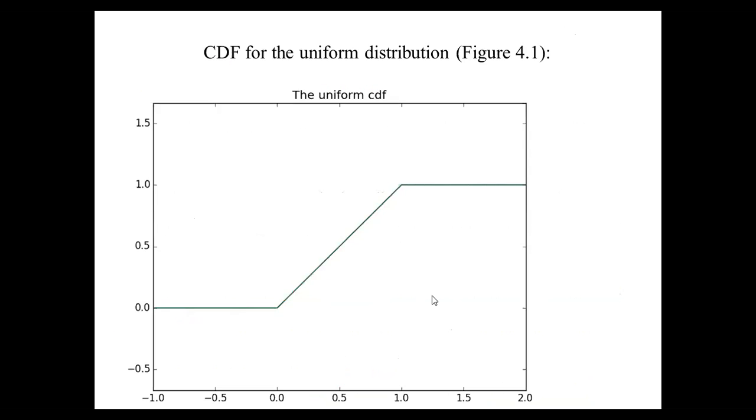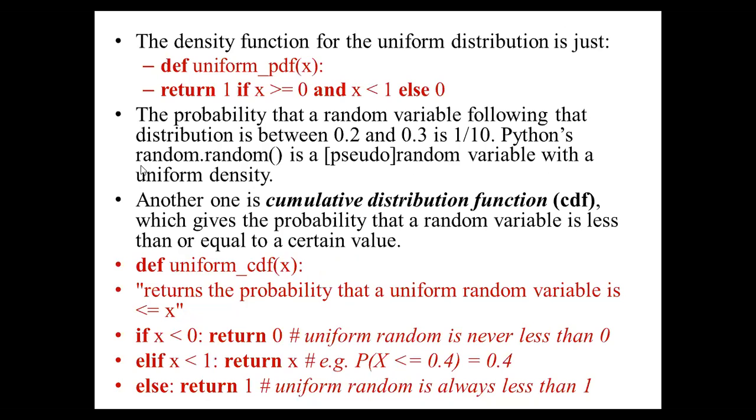So let us talk with the graph. Consider that I am checking the value for 0.5. I pass the value to the function, which returns the probability that a uniform random variable is less than or equal to x. If x is less than 0, it returns 0. So if I pass -1, then I will get 0.